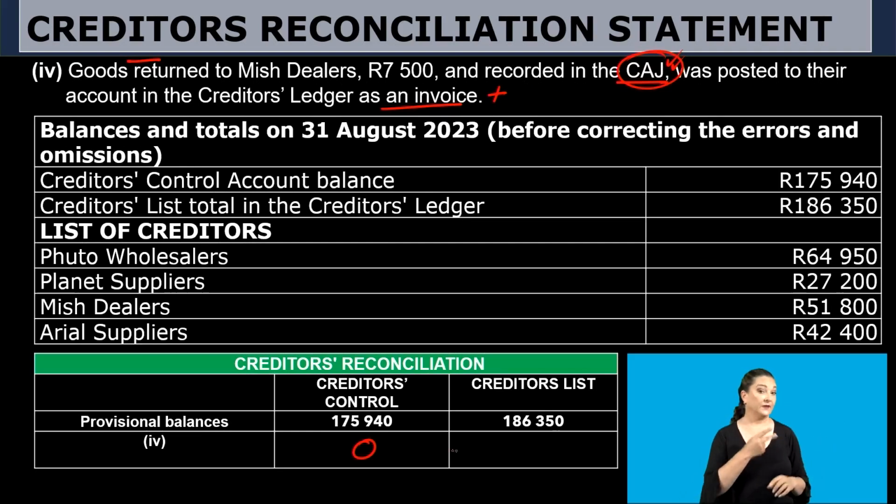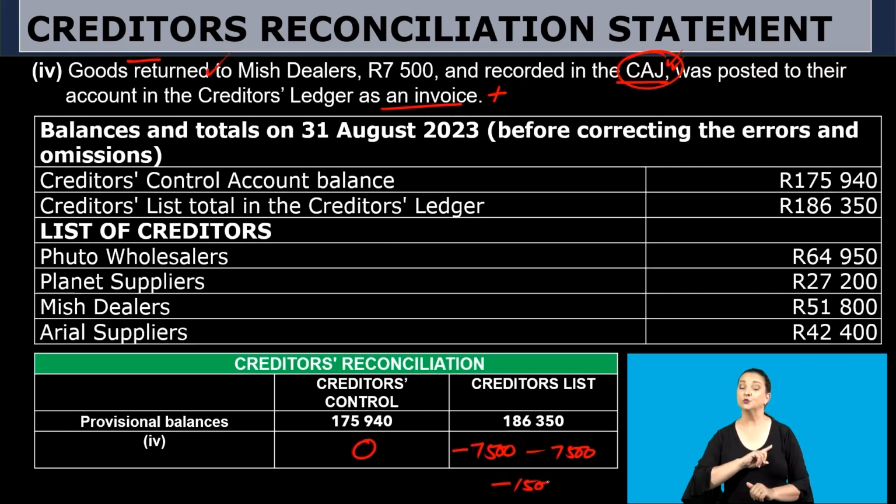We'll come and then we say, since we added an amount that was supposed to be subtracted, first, let's correct the error. So we come and we say minus 7.5. And then we record now the return of goods, minus 7.5. That would mean we end up with minus 15,000. That is how you would do that one.